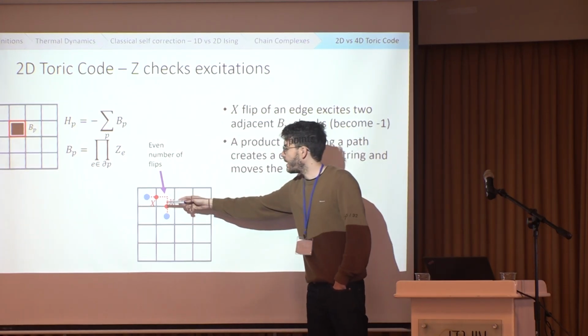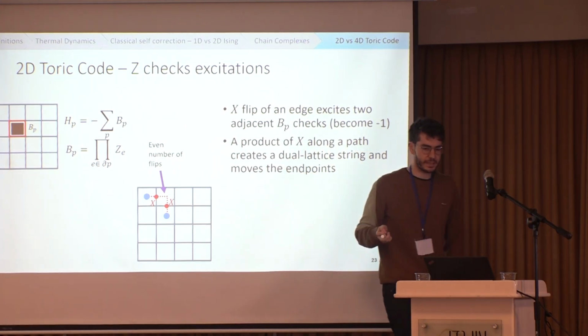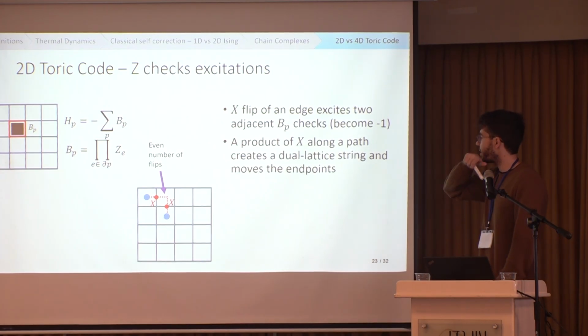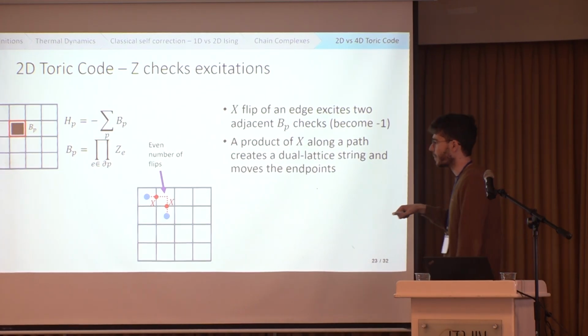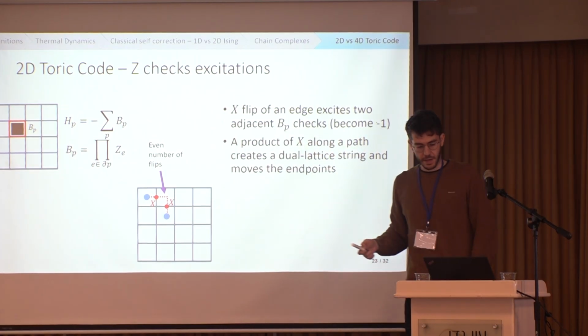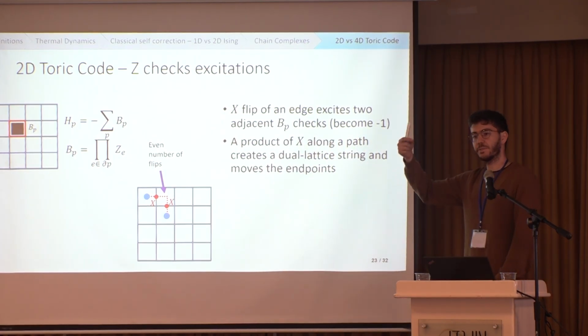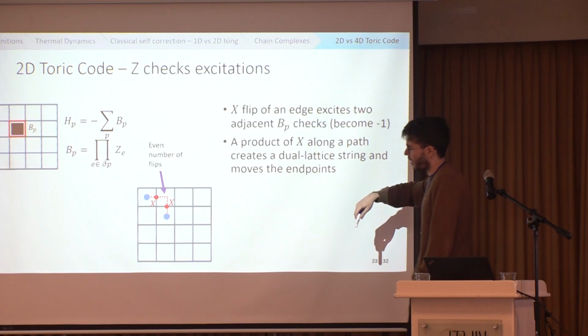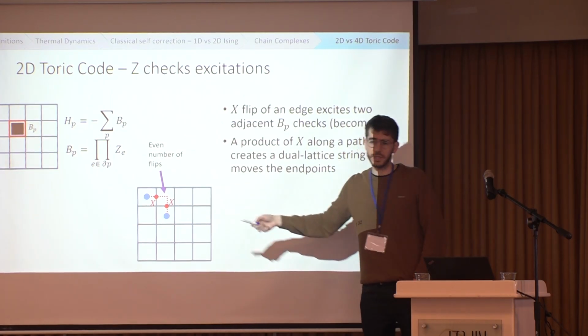Because we have an even number of flips, and because it's a parity product, we have an even number, so this is not violated. And we can take this string and make it longer by applying more Paulis.